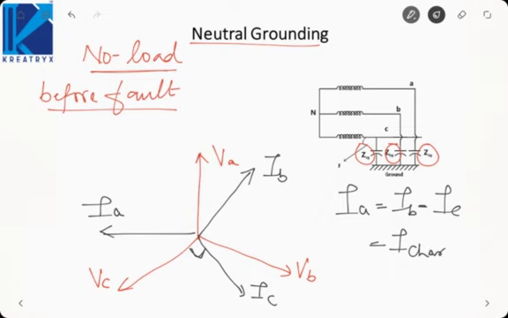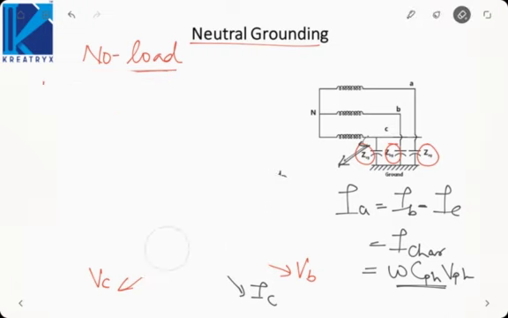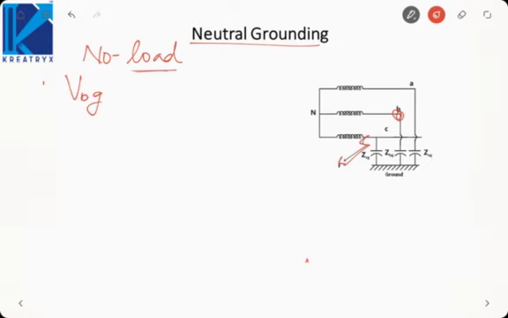Okay, but what happens when the fault occurs? When the fault occurs, this phase gets grounded. So earlier the current was omega C phase V phase, but let us see now what happens to the line charging current in case a line to ground fault occurs. Here, as I have shown, the neutral is left isolated. Now suppose this phase is connected to ground. So what will be the voltage of VB, or we can say VBG?